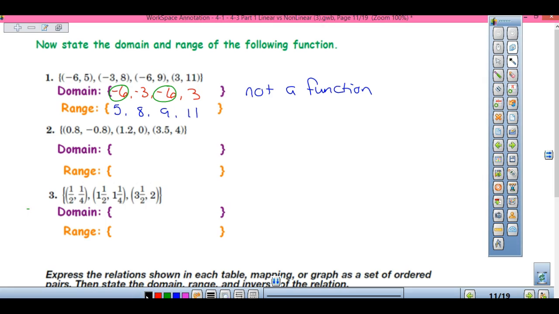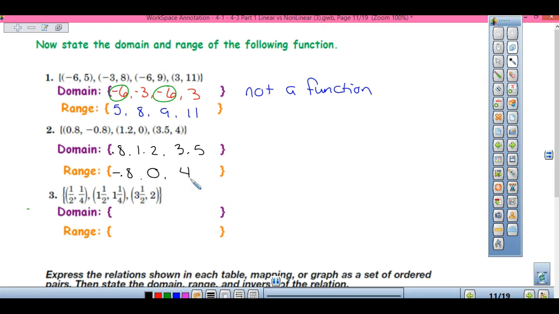So this next one, what's my domain? 0.8, 1.2, and 3.5. My range is negative 0.8, 0, and 4. Do I have any numbers that repeat themselves in the domain?